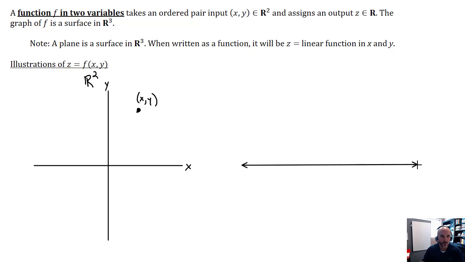So we could list our outputs over here. These could be our z values, and it could map to some particular z right here. So you could visualize an ordered pair input mapping to a real number, R1, if you will, on the right-hand side. Okay, so that's one way to visualize it, map an ordered pair to a real number.